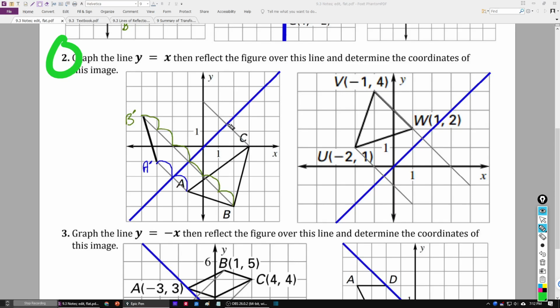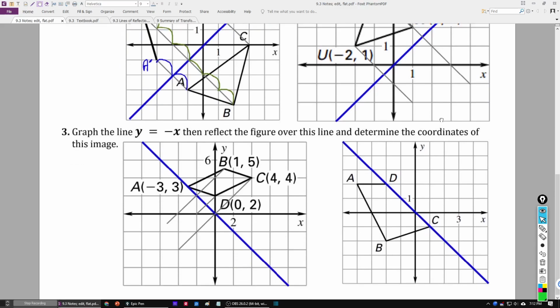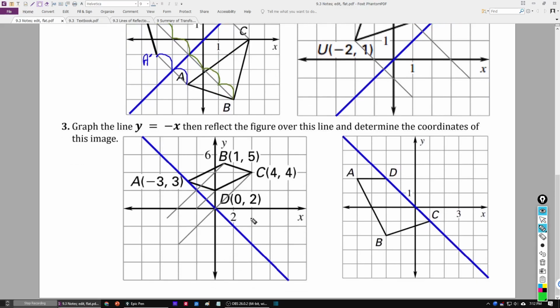You count the number of diagonal blocks to the line of reflection, and then go the same diagonal blocks beyond it, and then draw in your shape. I've given you less help over here, but you can do that on your own. I've also given you some help down here. So that's it. Hope you do well, and I look forward to seeing you guys in class.